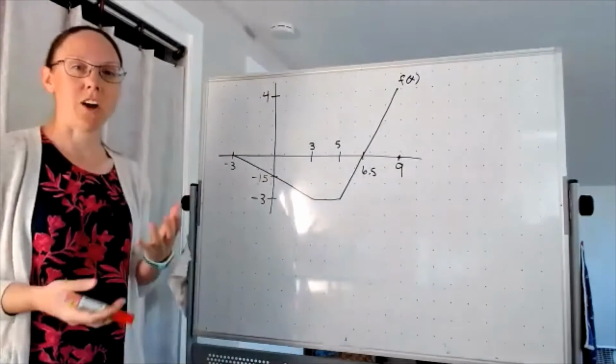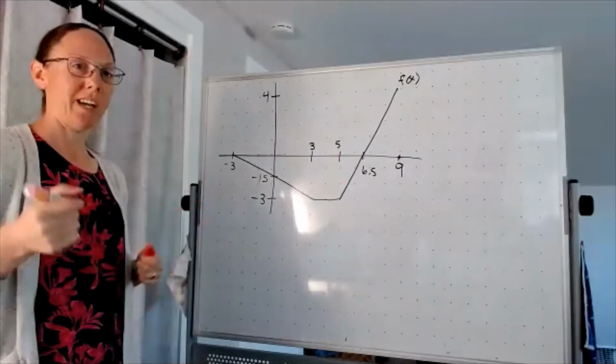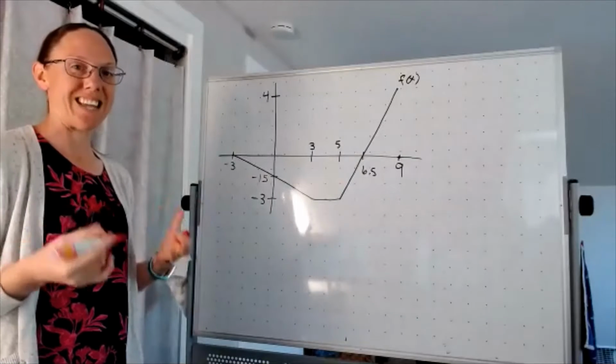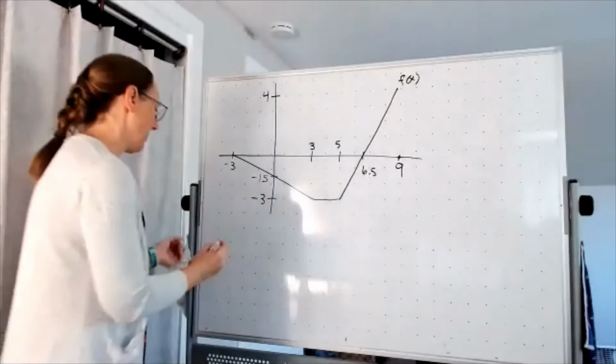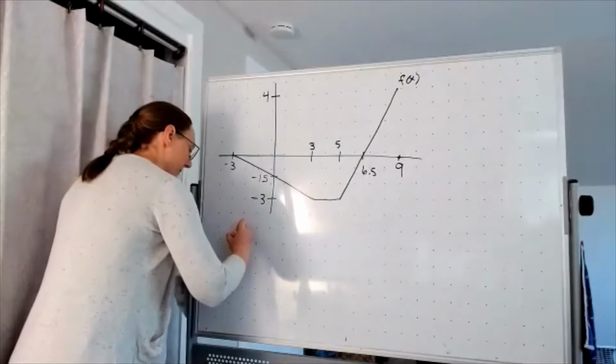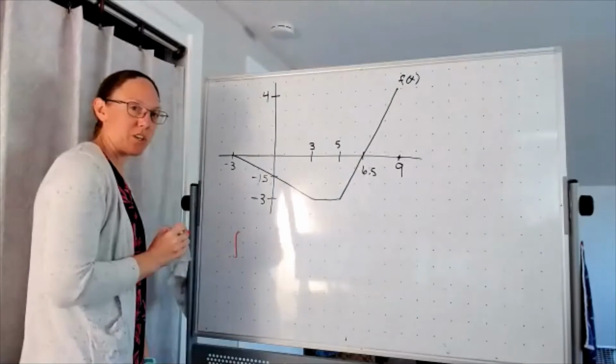So I want to talk about notation a little bit and some of the signed area sorts of questions that we might be asked. So I'm going to give us some sample questions here.